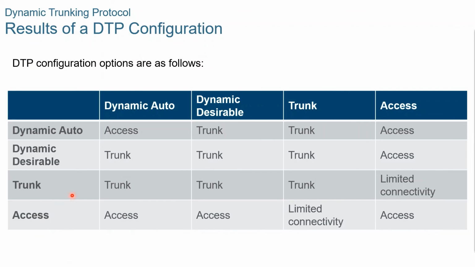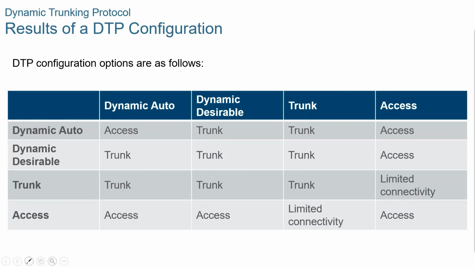Okay, so the table here illustrates the results of the DTP configuration options on opposite ends of the trunk link connected to Catalyst 2960 switch ports. So best practice is to configure trunk links statically whenever possible. Now for instance, these are considering two switches.